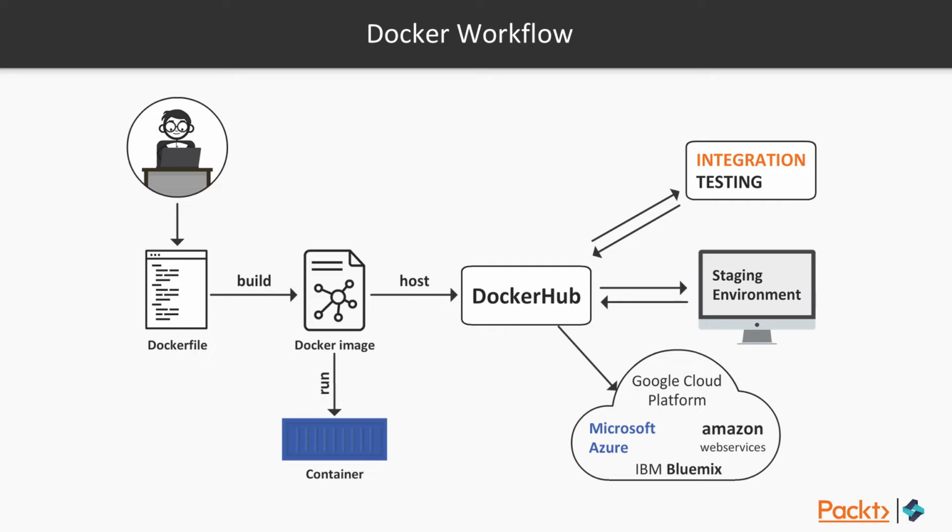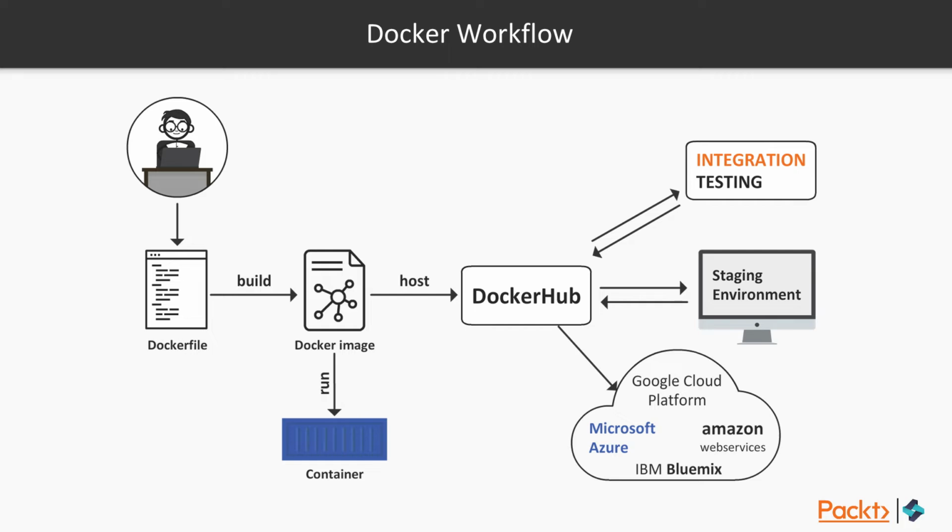Again, you have to register on Docker Hub, create a login, and then you push your Docker images on Docker Hub. You can have either a public repository or a private repository. So it allows you both options, whether you want to make it public or you want to keep it private. So Docker Hub is nothing but a repository of your images.